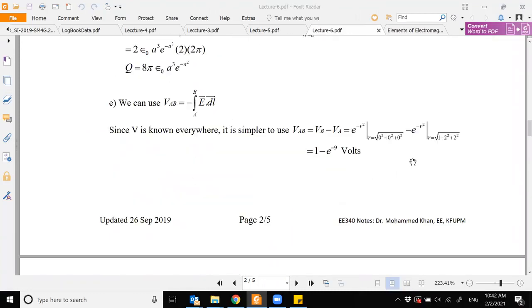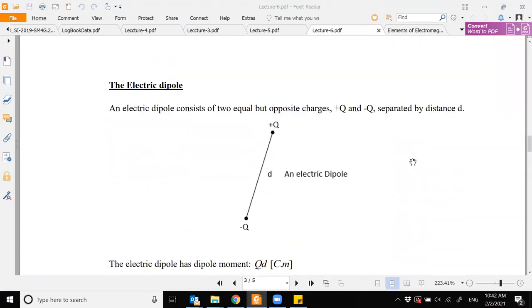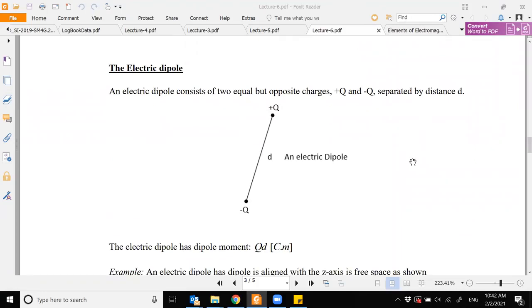Okay. So now let's go to the electric dipole. Now, what is an electric dipole? This is a special name given to the particular configuration where we place a positive charge and a negative charge at a distance d.